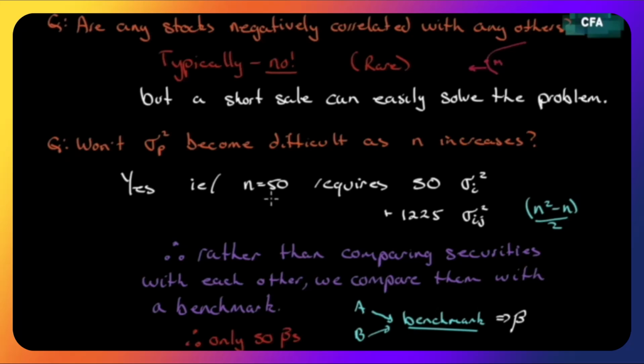So if n equals 50, we would have 50 variance terms and 1,225 covariance terms. And we figured out covariance by n squared minus n over 2. Are we really going to start doing this? And if we're trying to find the minimum variance portfolio of all risky assets, there are literally thousands of assets out there. Isn't that just a ridiculous requirement? Who's going to do that?